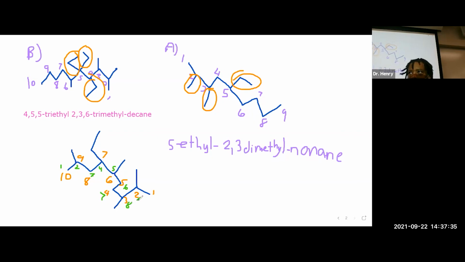This is 9. And this is 10. Okay, so if I go with the green, I have 2, 4. If I go with the orange, I have 2, 3. So remember, you want the lowest number as possible. Regardless, the lowest number as possible.